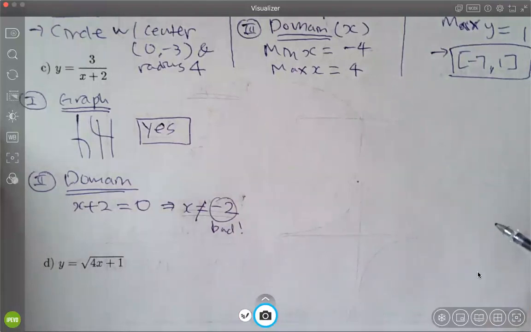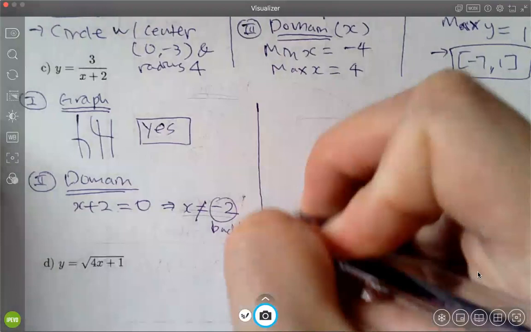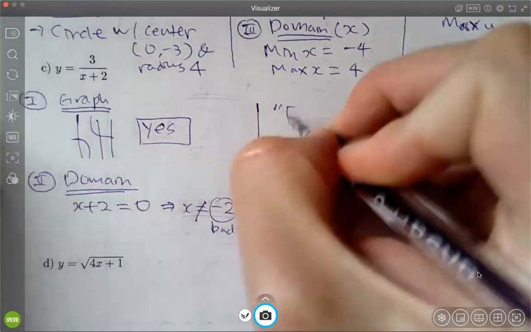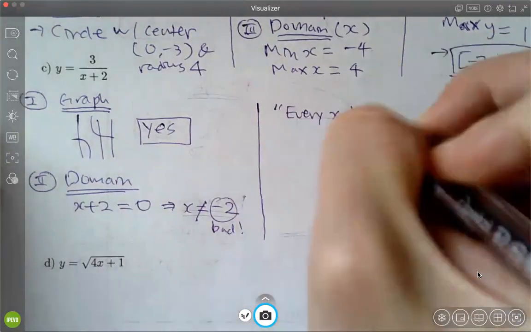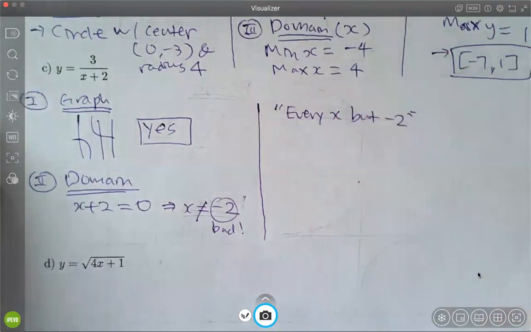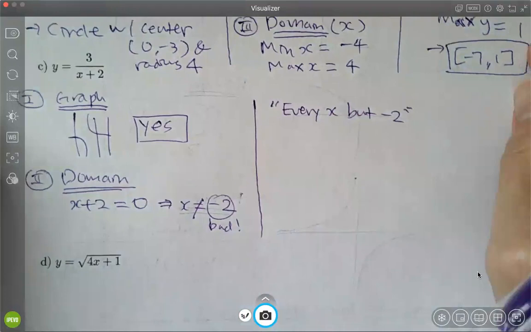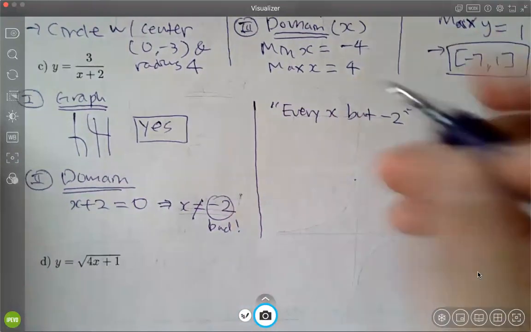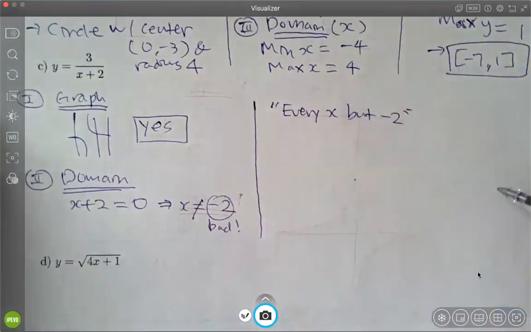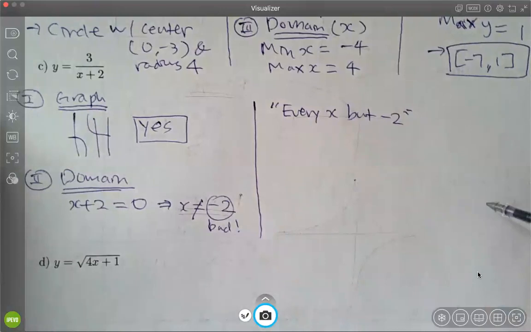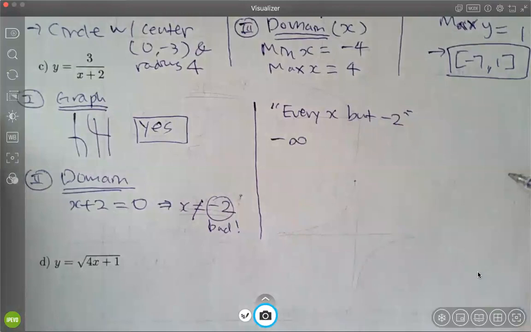So what's the domain in words? It's every x but negative 2. So how do you put that into interval notation? My recommendation is to start from negative infinity, and imagine that you are walking in the positive x direction.